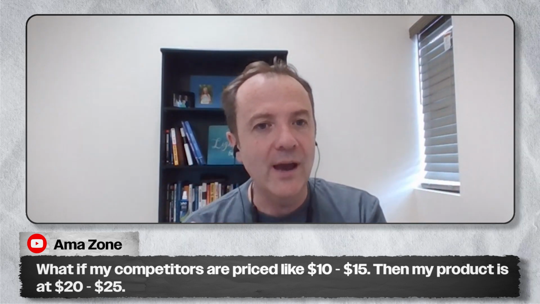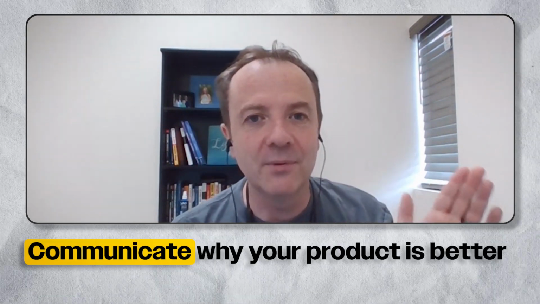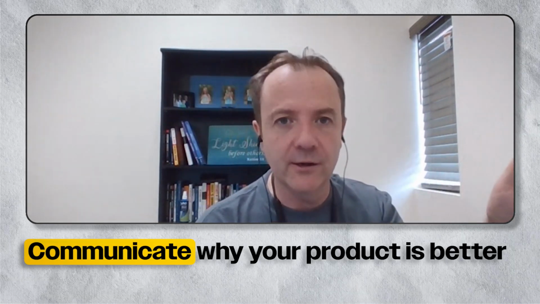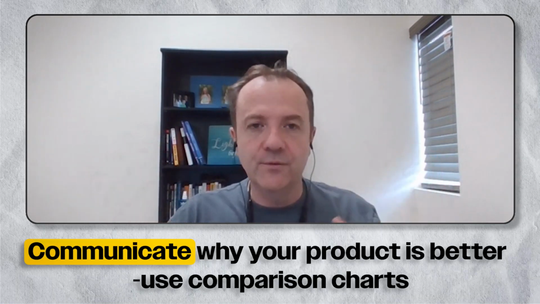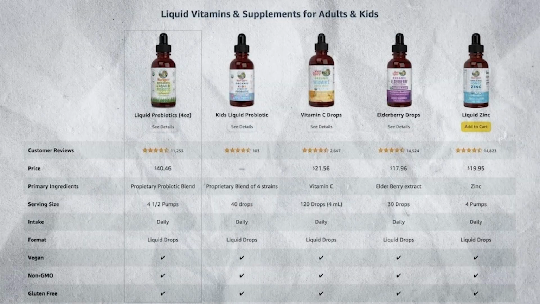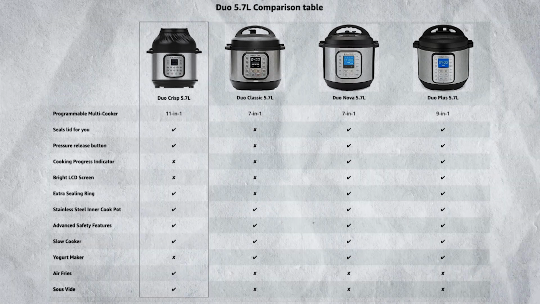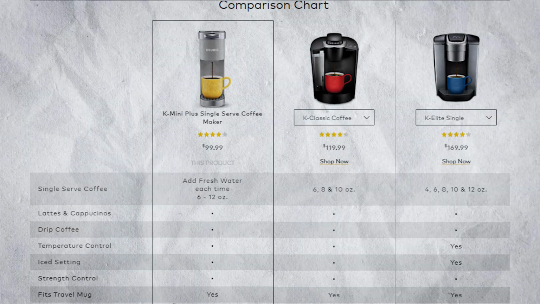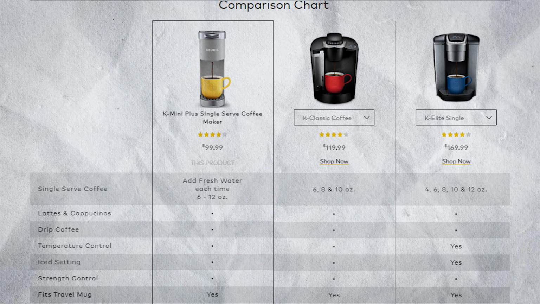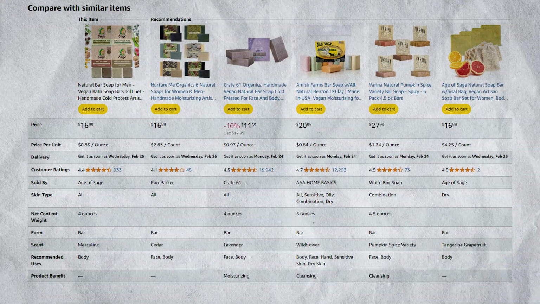So if you have competition that's selling at $10, $15, just do a better job communicating why your product is better. Do comparison charts. So if it's a volume product, meaning X number of fluid ounces and theirs is smaller, showcase that you get more per whatever. If there's something where you can show value there, or if it's quality, try to do the best you can by showing quality in your secondary images and in your bullet points.